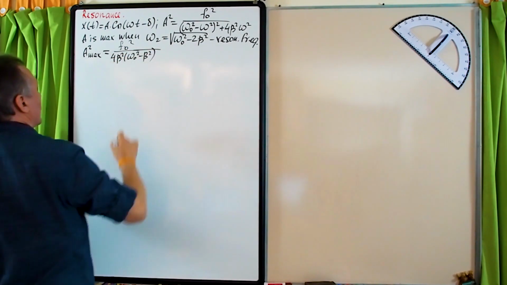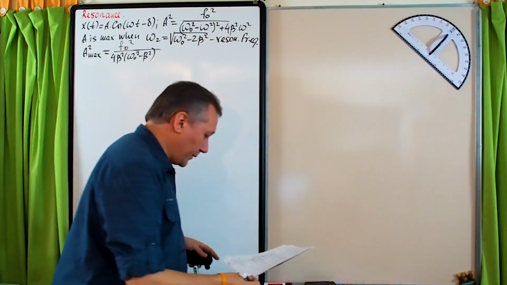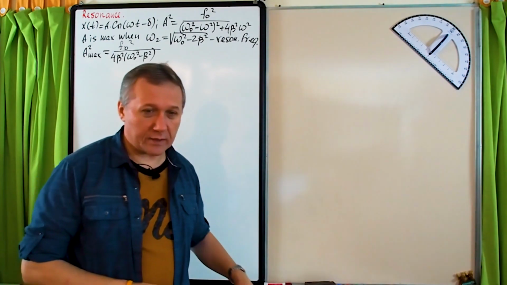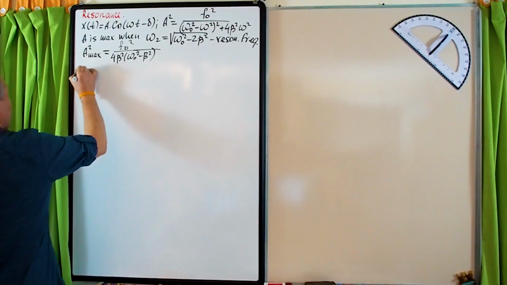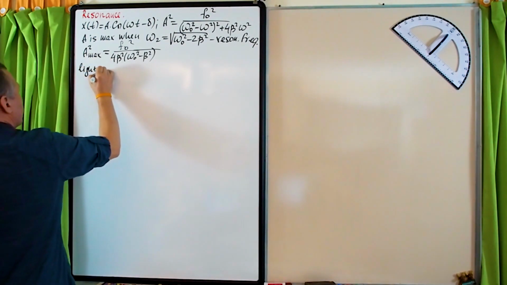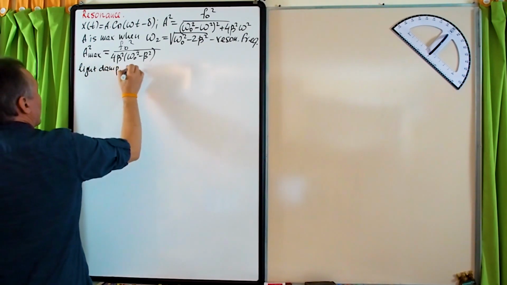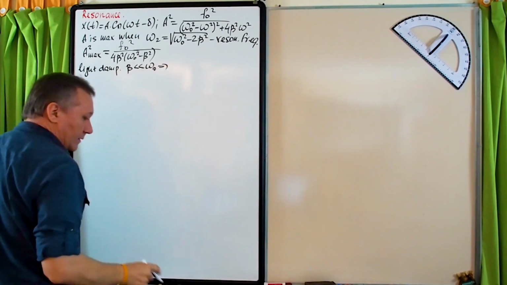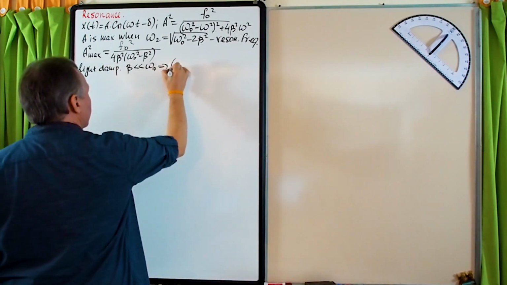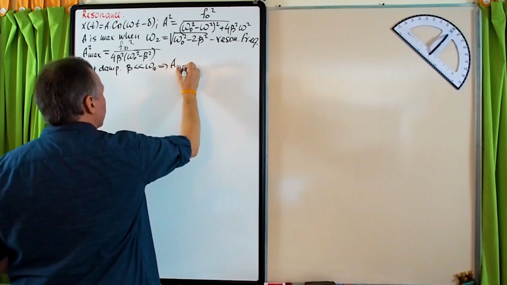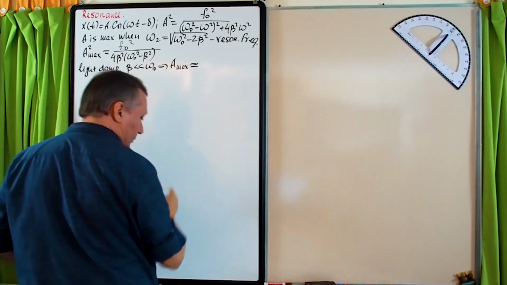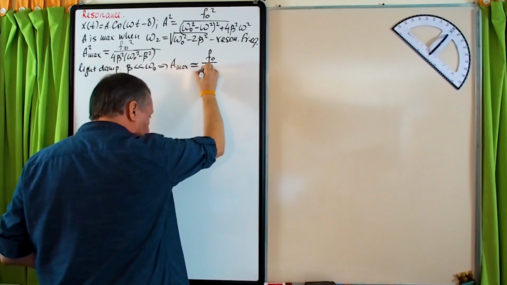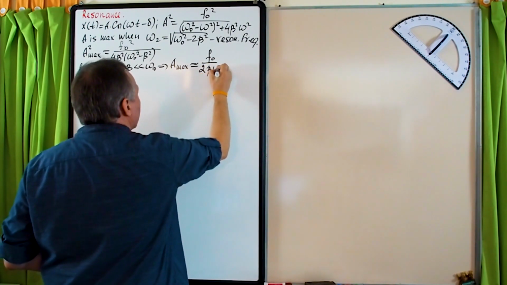And of course, if we assume light damping, when beta is much smaller than omega naught, then A max approximately equals f naught divided by 2 beta omega naught.